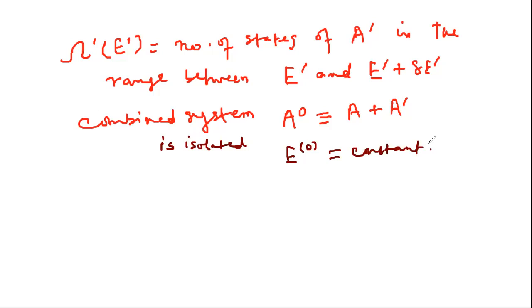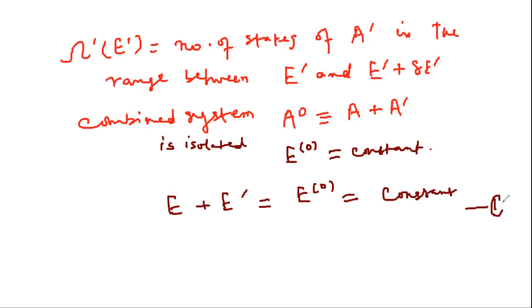Now we can write E plus E prime equal to E naught, and then E naught is constant. Let me name it first, and let me encircle this equation.